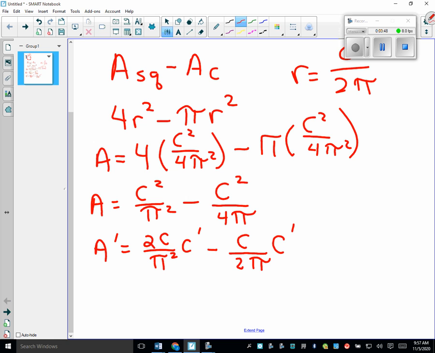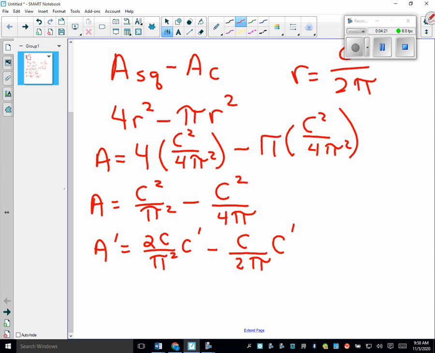Didn't we know that c prime is 6? And I thought we knew c. We do. But c is not 25 pi. Area is 25 pi. Is area pi r squared? Yes. So what is r?